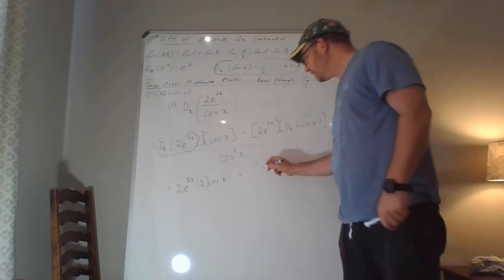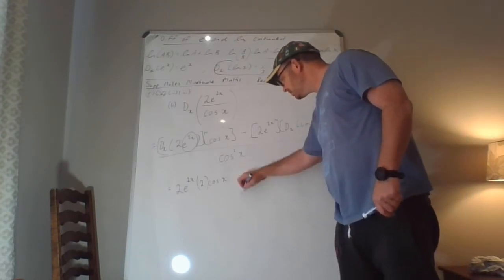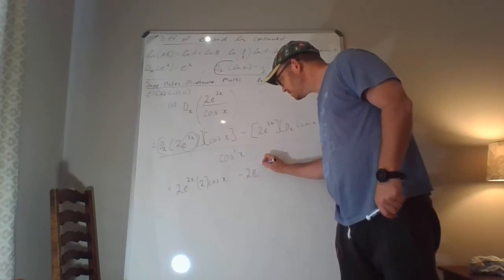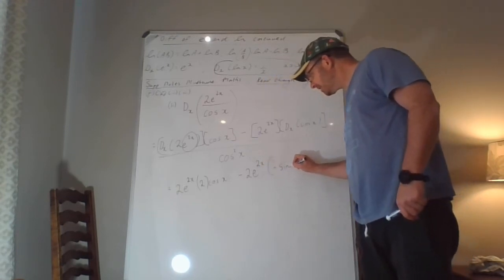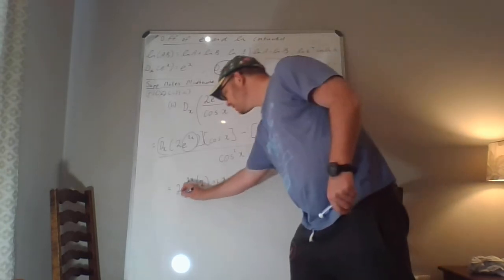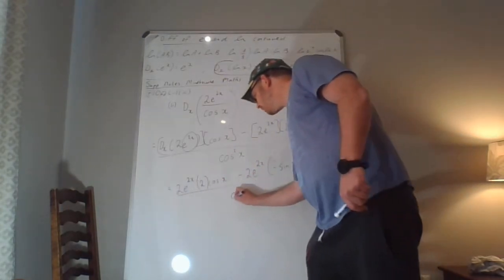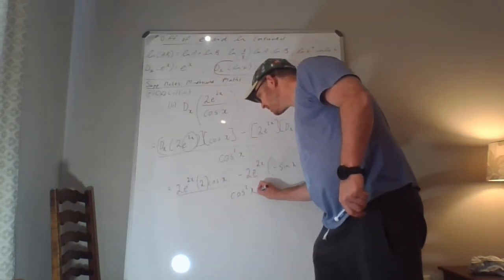And then over here, we're going to have minus 2e to the 2x times the derivative of cos x, which is negative sine x, all over cos squared x.